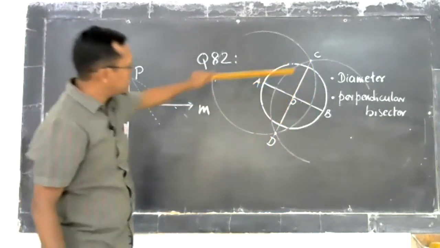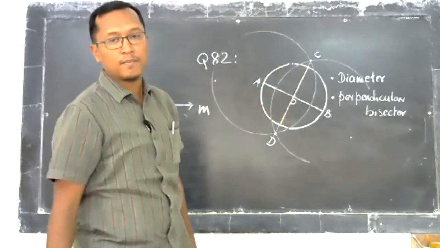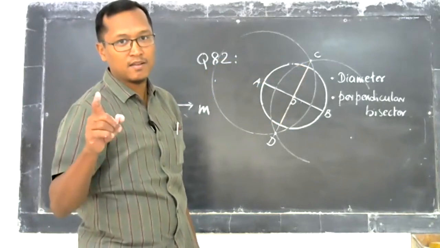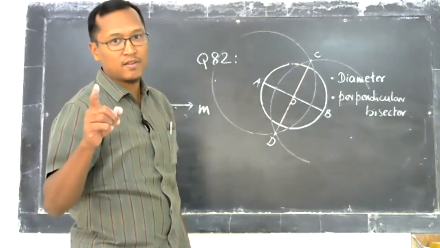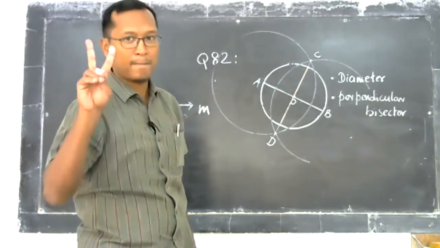Okay, can you see this line now from here to here? So basically, a perpendicular bisector of a circle divides it into 4 equal parts.